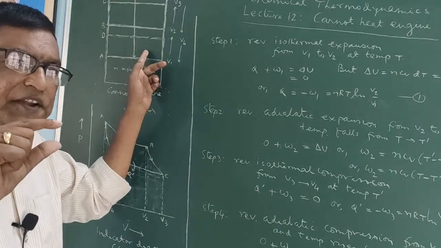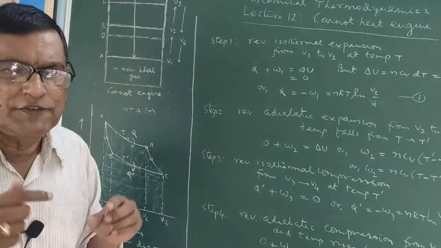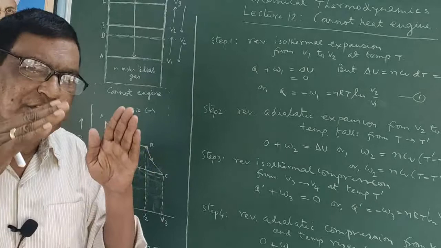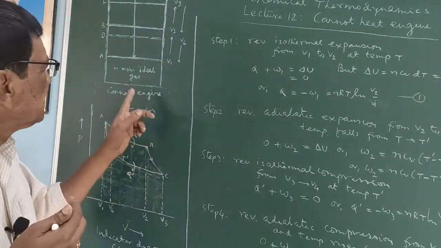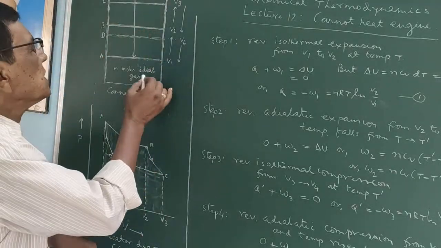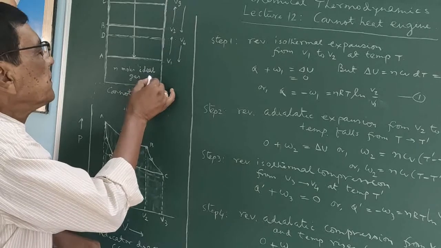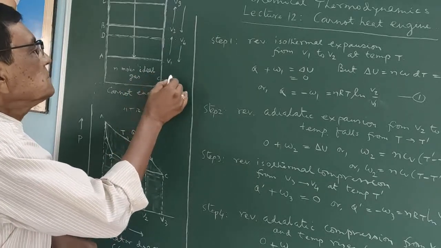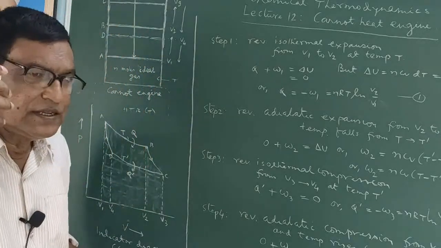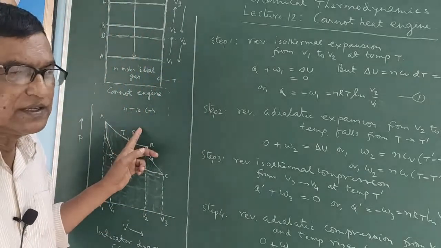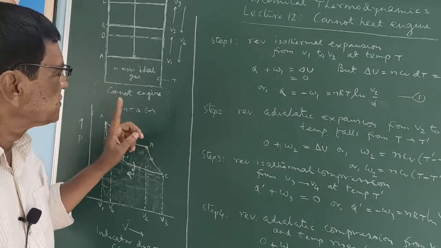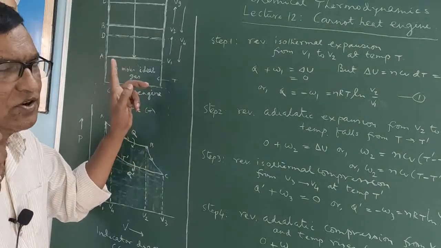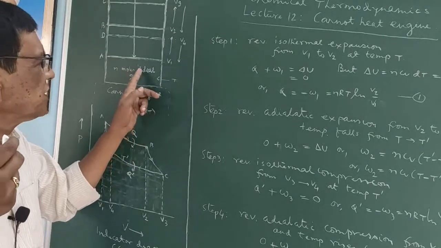Temperature also falls by dT amount, a very small, infinitesimal amount of temperature decrease. To keep this temperature fixed, heat flows from this reservoir to this ideal gas, the working substance of this engine.